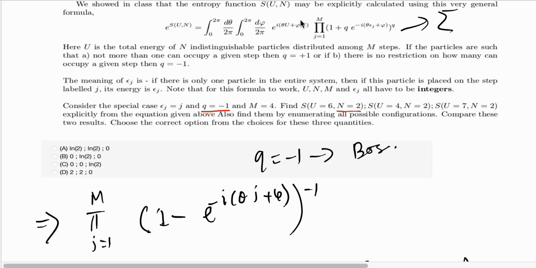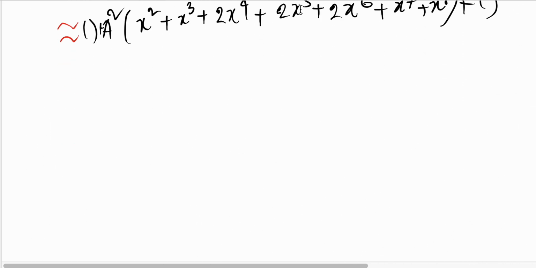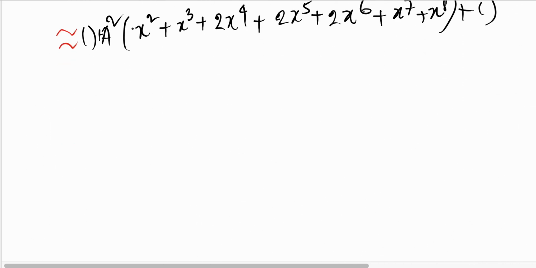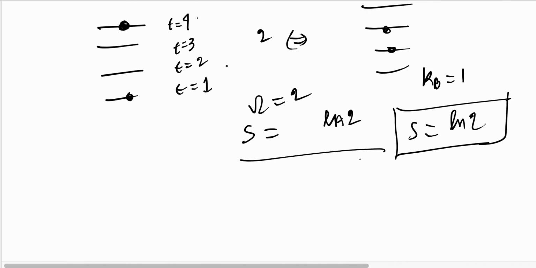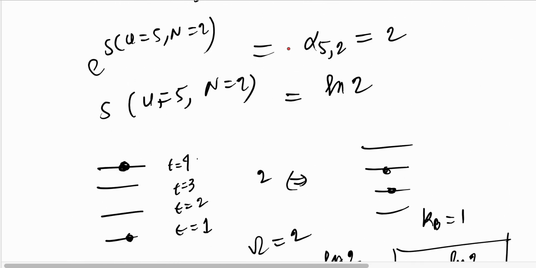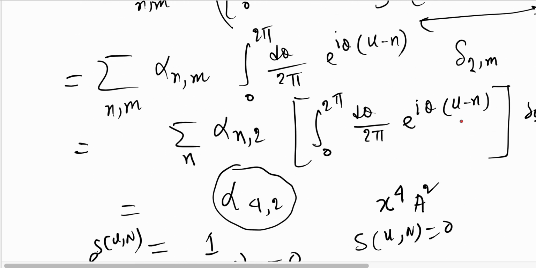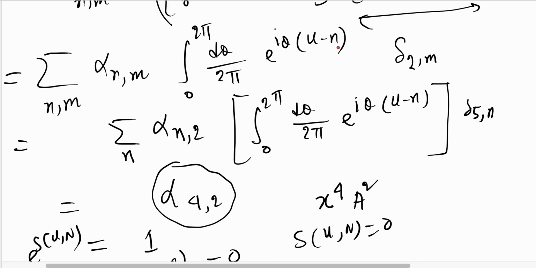Now what I have to do is check for what u it will contribute. As we know from the previous case, let me repeat it, this integration again gives a delta function, a Kronecker delta, delta un.